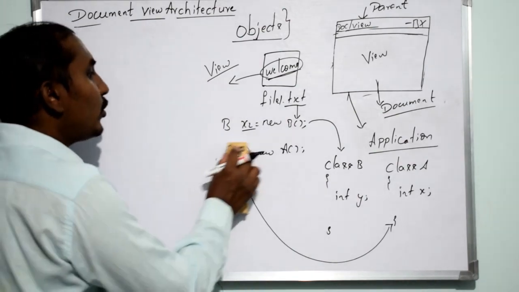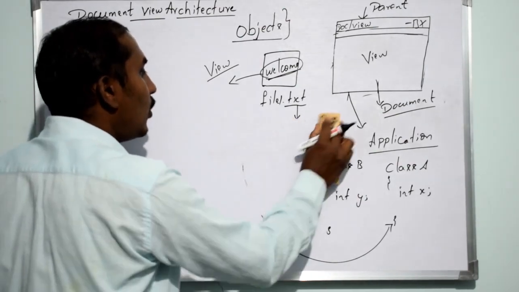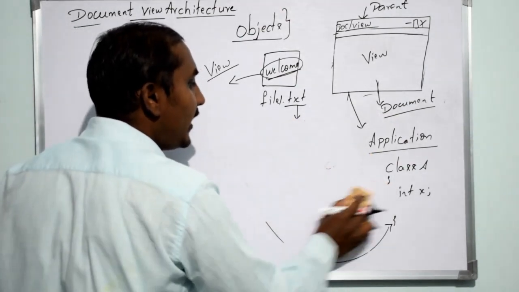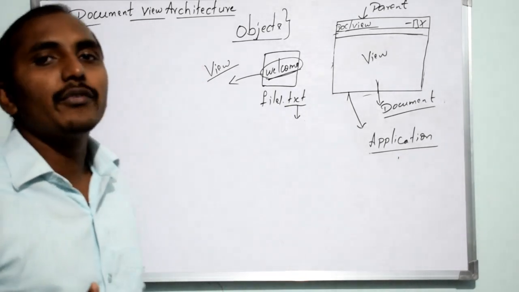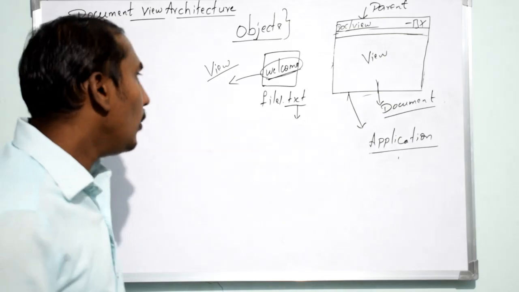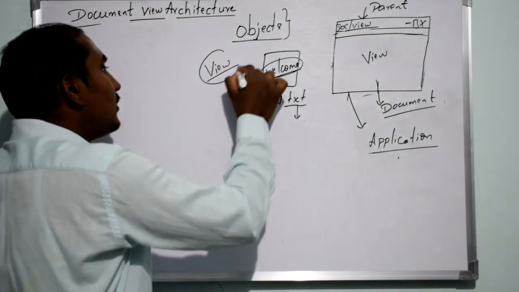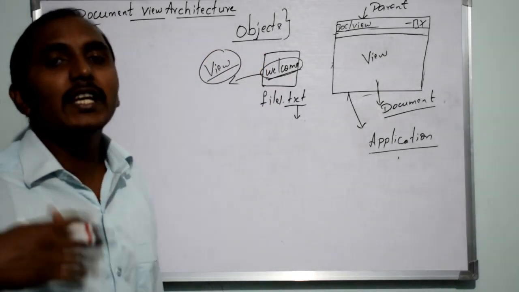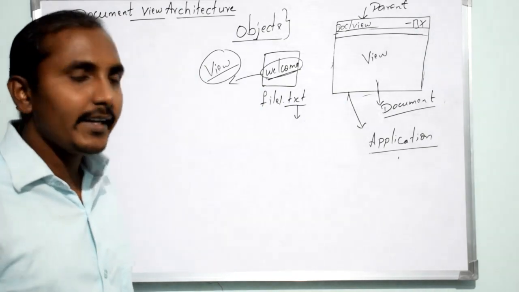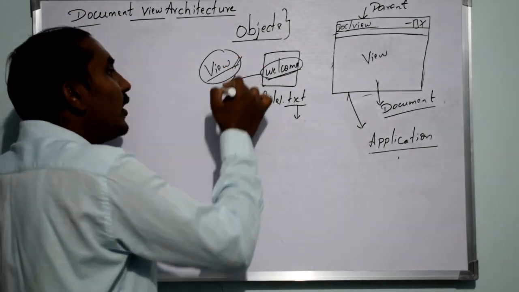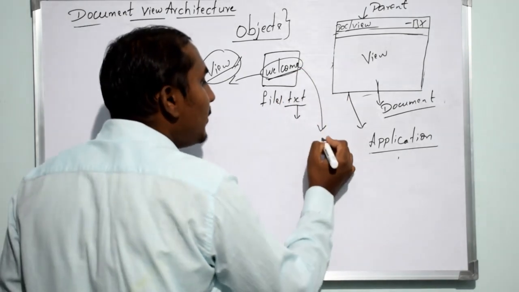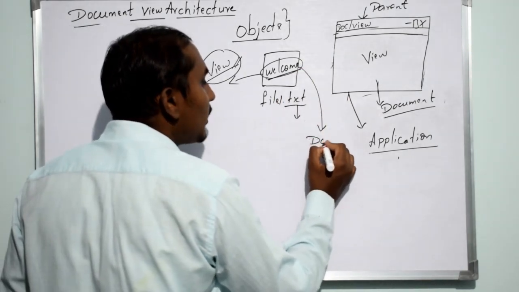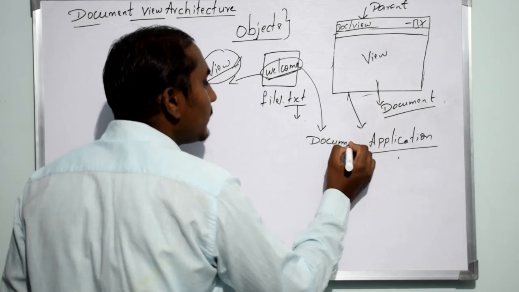Similarly, we have a single file called file1.txt. For this file, we are going to create two different types of objects. One object will store how we are going to see the details. That information will be stored in the view object, and the actual data will be stored in one more object called the document object.